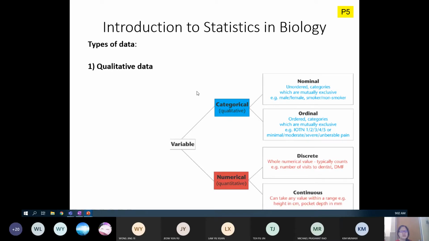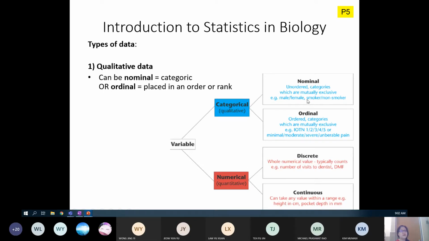Right. So types of data, very important for statistics, because different types of data require different ways of interpreting their significance. So we have qualitative data, and qualitative data usually means not numerical, so categorical. It could be unordered categories, so nominal.